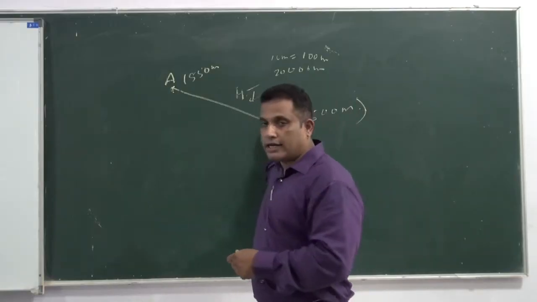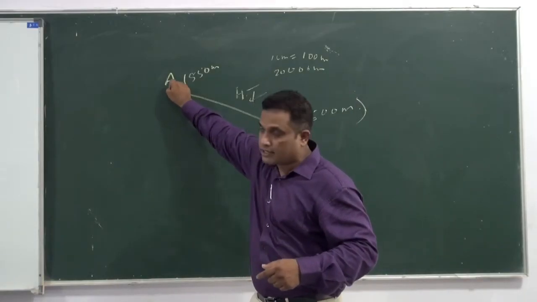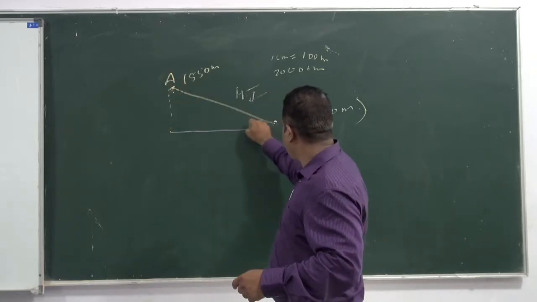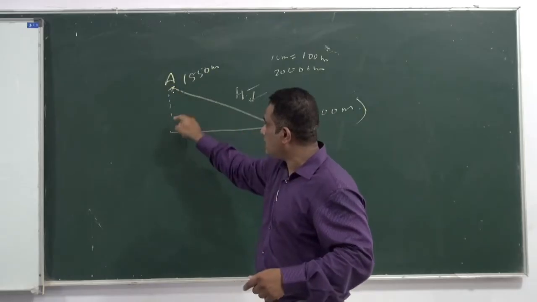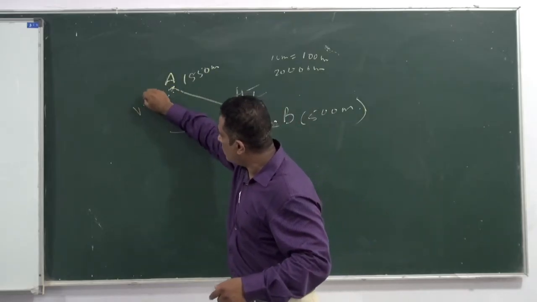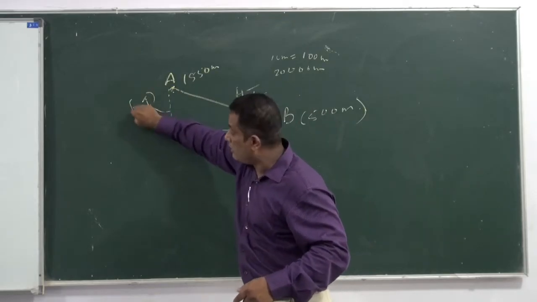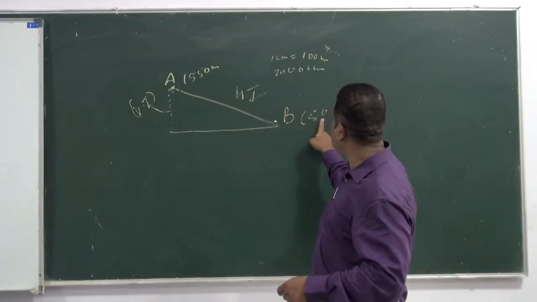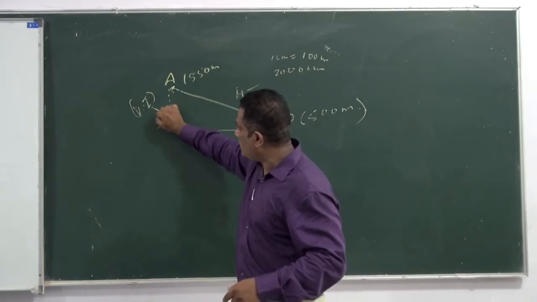This has got a certain elevation, and this too has got a certain elevation. The vertical distance between these two is called the vertical interval. Here it is 550, here it is 500, that is your 50 meters.